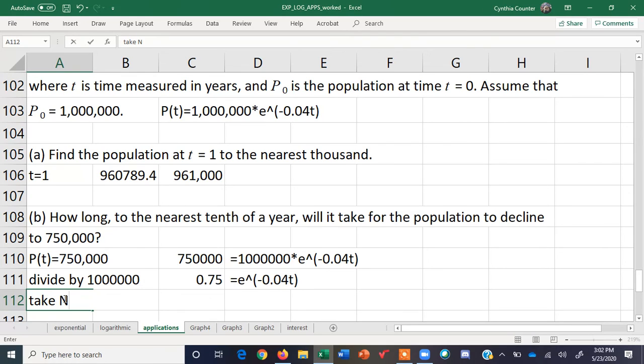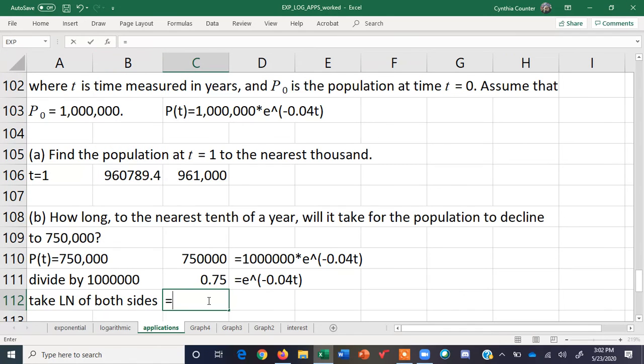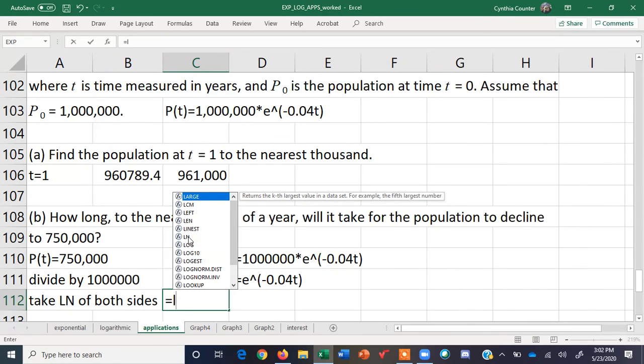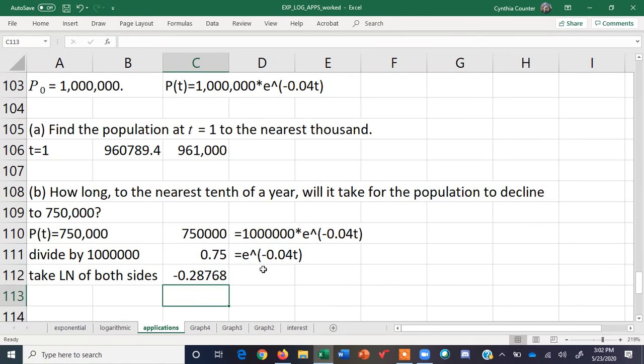So we'll take the natural log of both sides, of course, but I like to emphasize this because it's easy to forget. So that equals the natural log of 0.75, right? And that then equals the natural log of this exponential, but we know the natural log and the e cancel out.